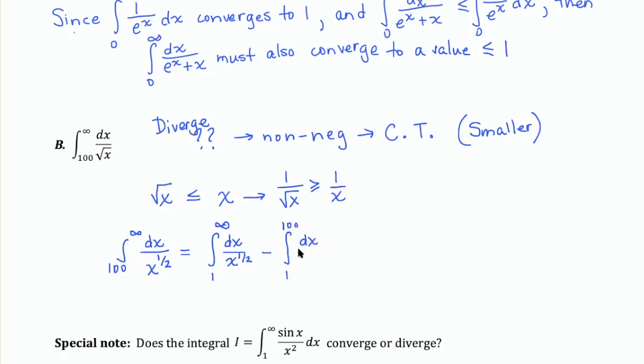Based on the properties of integrals, you should be familiar with the fact that if you have the integral 1 to infinity and you take off that portion from 1 to 100, you're left with the portion from 100 to infinity. Since we've already shown that our integrand is bigger than our comparison function, or again, saying it the other way, the comparison function is smaller than our integrand, we know that this right-hand side diverges.